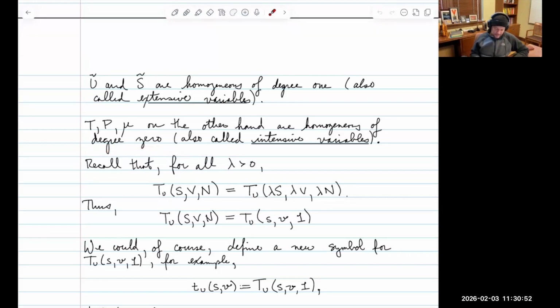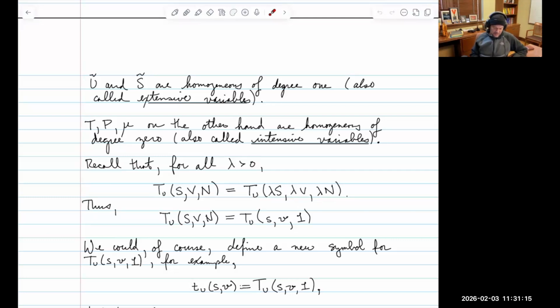So what does this mean? This means for any lambda positive that T of S, V, and N is exactly equal to T of lambda S, lambda V, and lambda N. In other words, if I put in lambda times S, lambda times V, lambda times N, that lambda ends up disappearing.